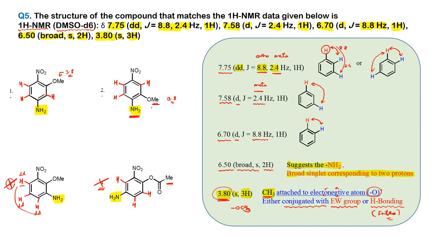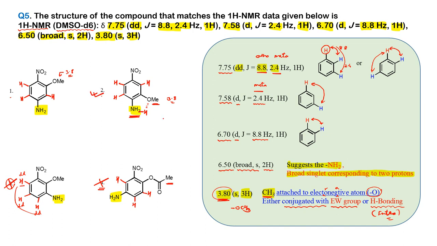Based on the fact that this NH2, if you are drawing it like this, will show a probable intramolecular hydrogen bonding. So out of this, we can easily give more technically closer data that suggests that the second compound has to be our choice.